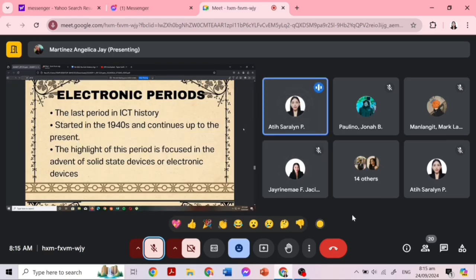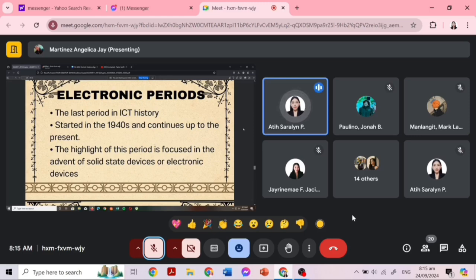So, the electronic period. The last period in ICT history started in the 1940s and continues up to the present. The highlight of this period is the advent of solid state devices or electronic devices.